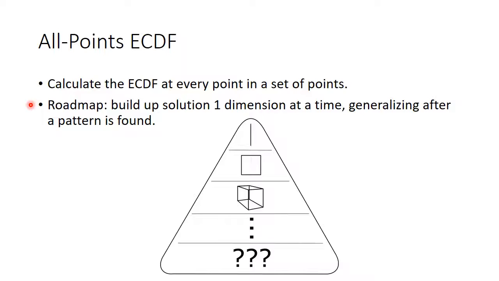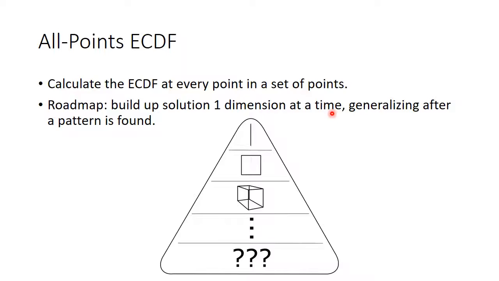So you can have a reasonable idea of why we're doing what we're doing while we're doing it, and an overall idea of where we're headed, to help you fit each step into a higher understanding of our overall goal. So this diagram here represents the roadmap, so to speak, and it's organizationally intelligent to have this hierarchy where we build up our solution one dimension at a time.